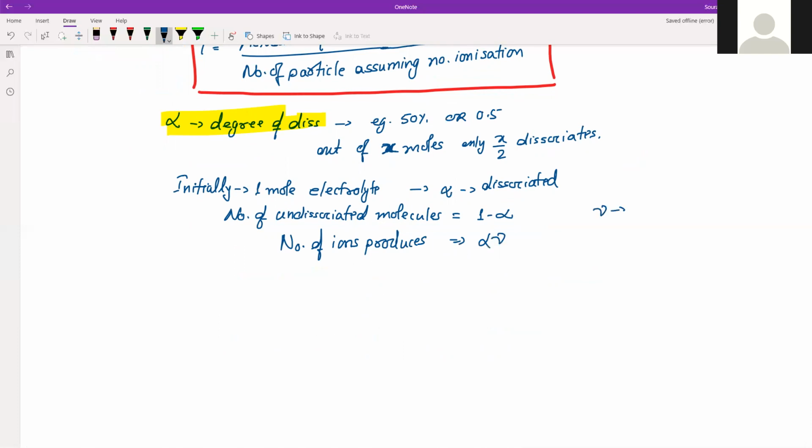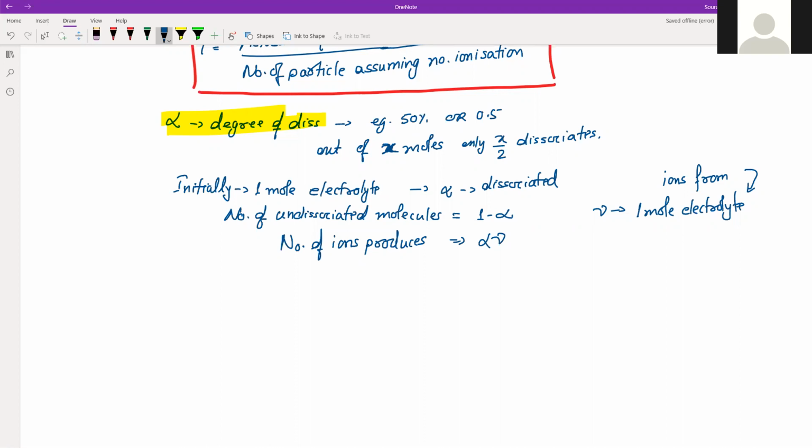And what is nu? Nu is basically the number of ions from 1 mole of electrolyte. So from 1 mole we would get nu, but now the ions which dissociated are only alpha. So alpha into nu is the number of ions now dissociated.